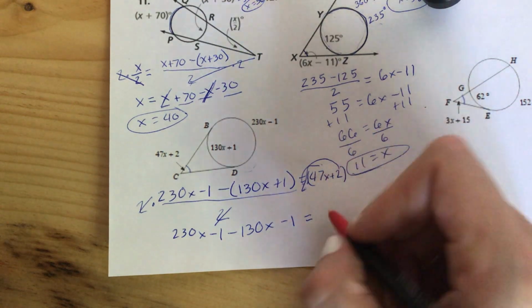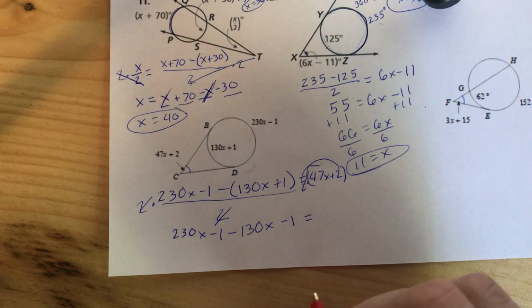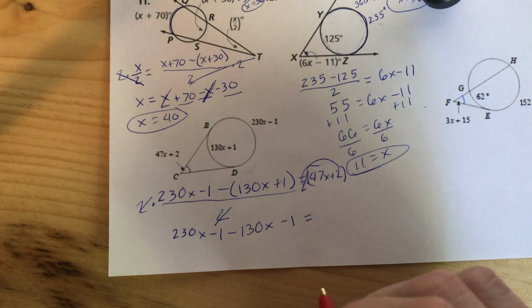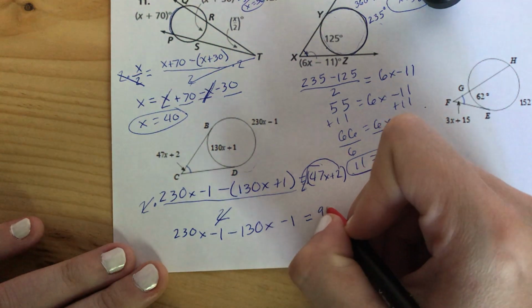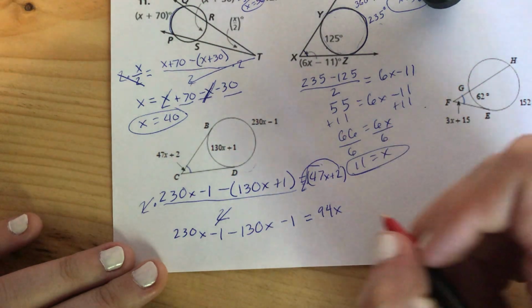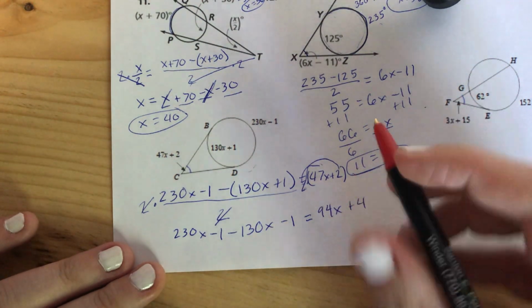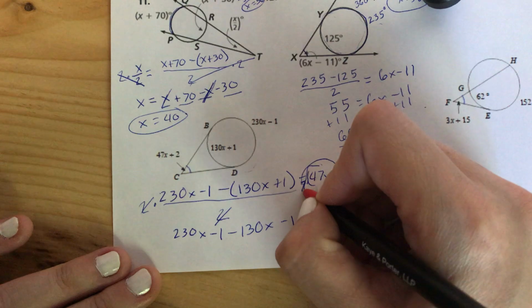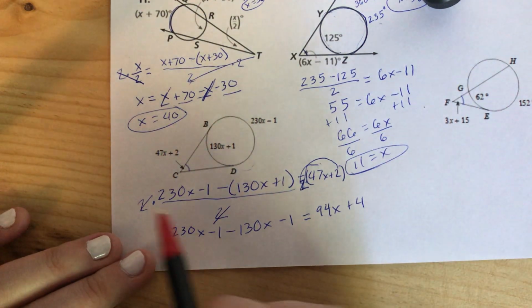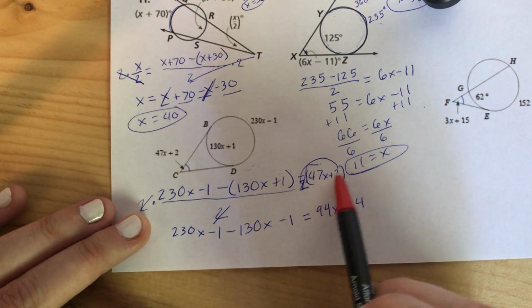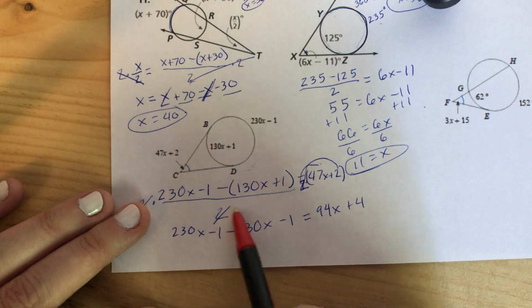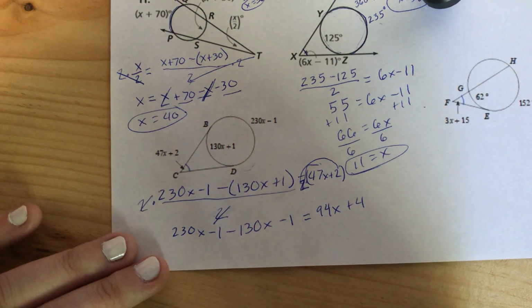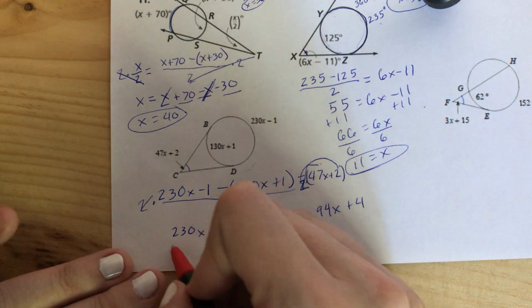So 2 times 47 will give me 94, and then 2 times 2 will give me 4. Make sure you're being careful and distributing this 2 to both terms, because we multiplied by 2 so that we could get rid of it in the denominator on this side. Then I'm just going to combine like terms.